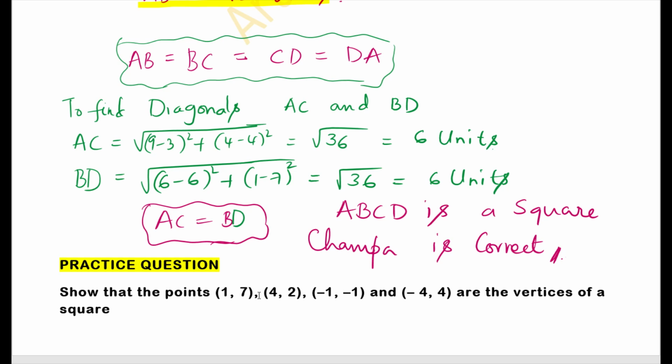If they are equal, then find out the diagonals. Then you can say whether it forms a square or not. You need a lot of patience to solve this kind of problem. The problem might be lengthy, but it is very simple.